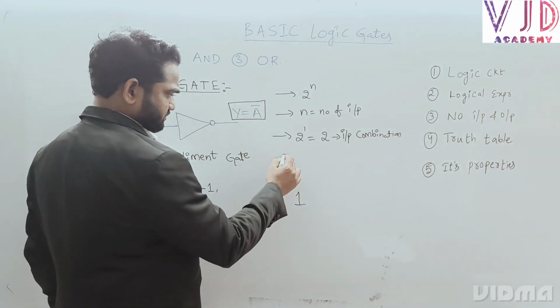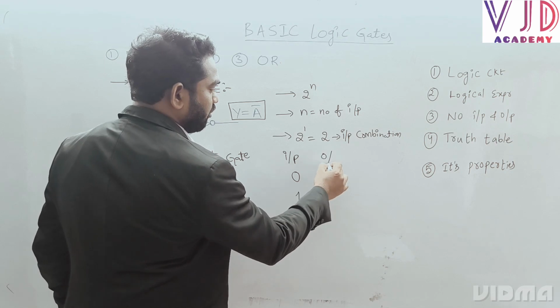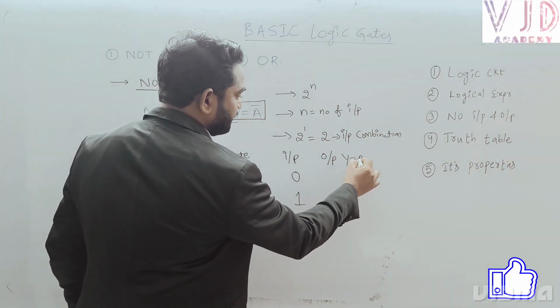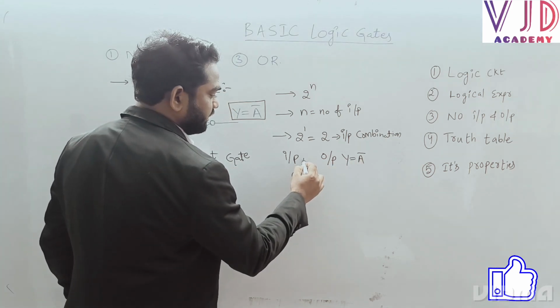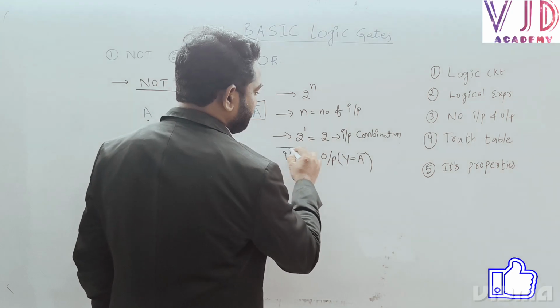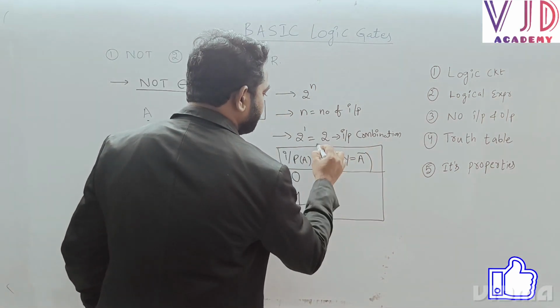Here input is A, and output is Y equal to A bar. Now let me take one truth table for this particular NOT gate.